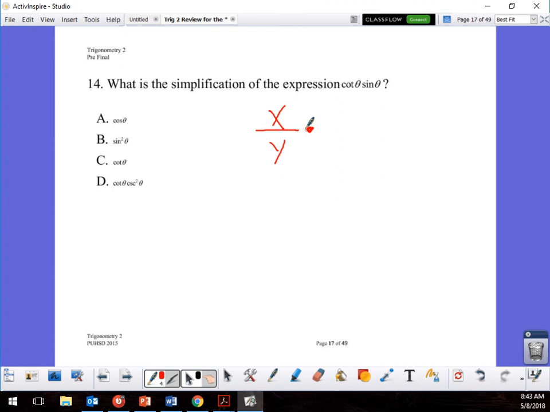So this is y over 1. Now use a little bit of algebra. The y's cancel and you're left with x over 1, and x over 1 is x.